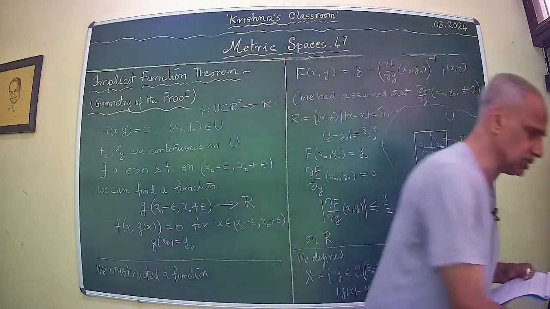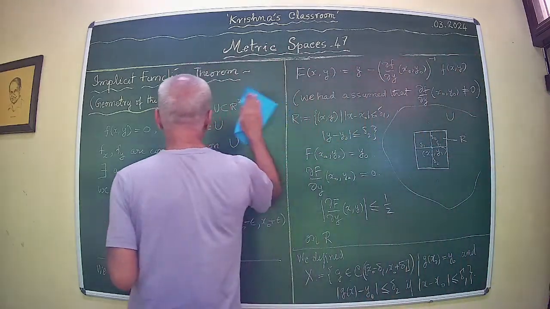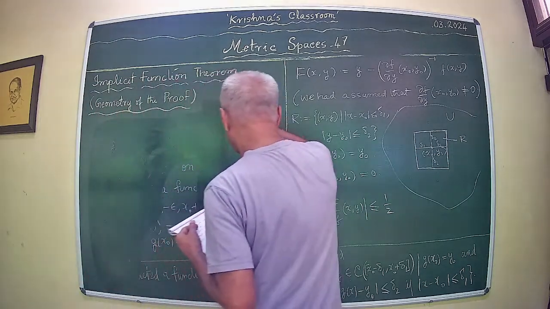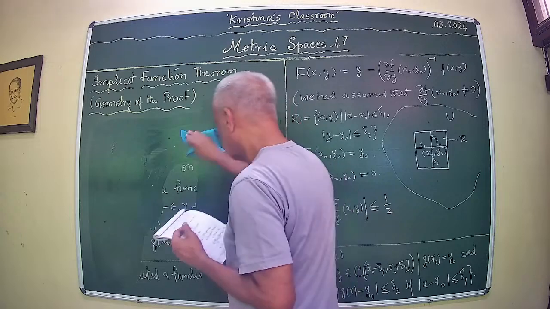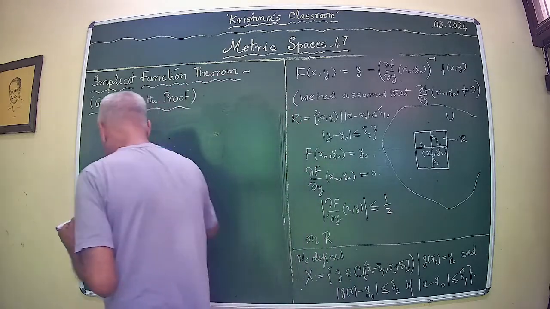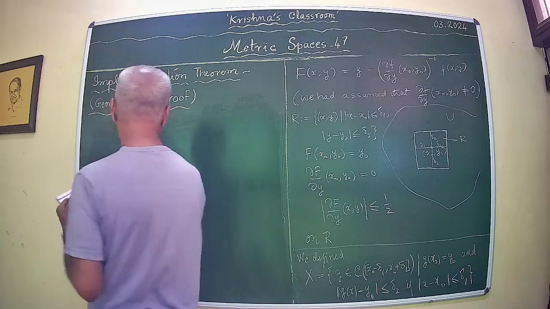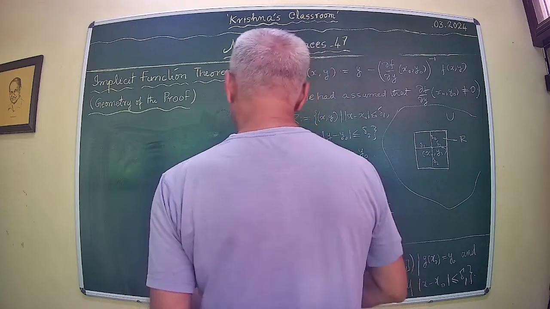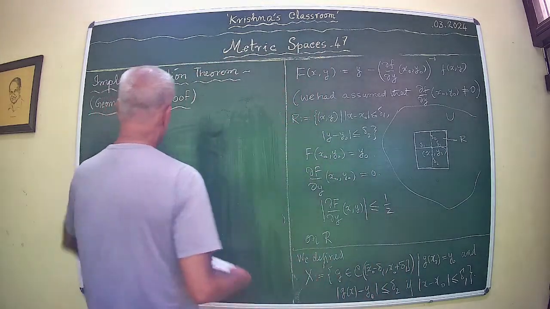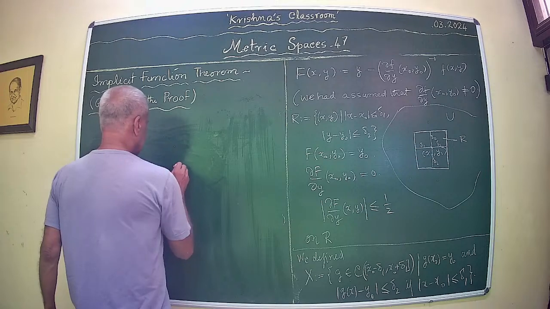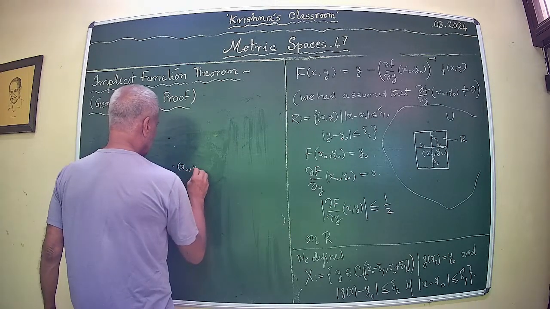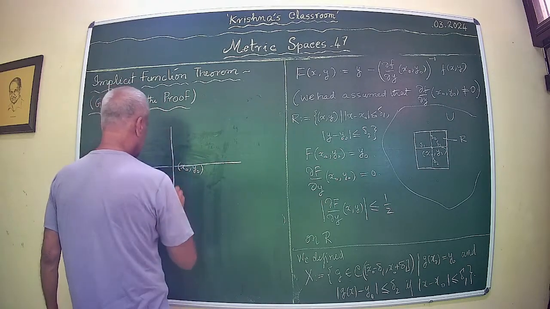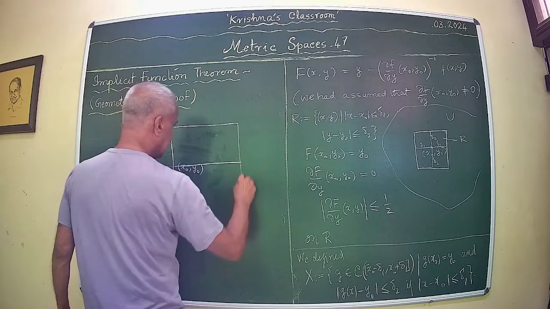I will draw the geometry. What is X? You have the point x naught, y naught, and then you have the rectangle. This is the rectangle R.